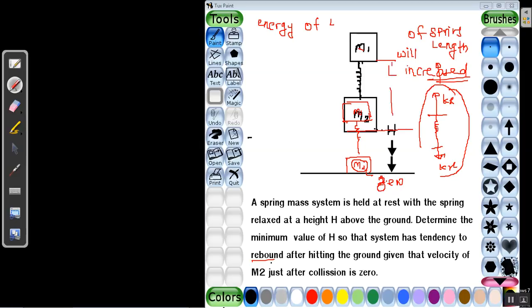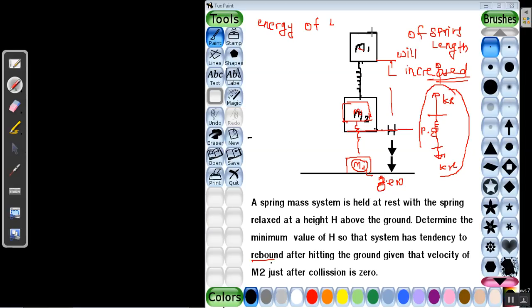The initial velocity of this system is 0, and at this point let's suppose the potential energy is 0. The energy of m1 is not affected by the collision of m2 with the ground.